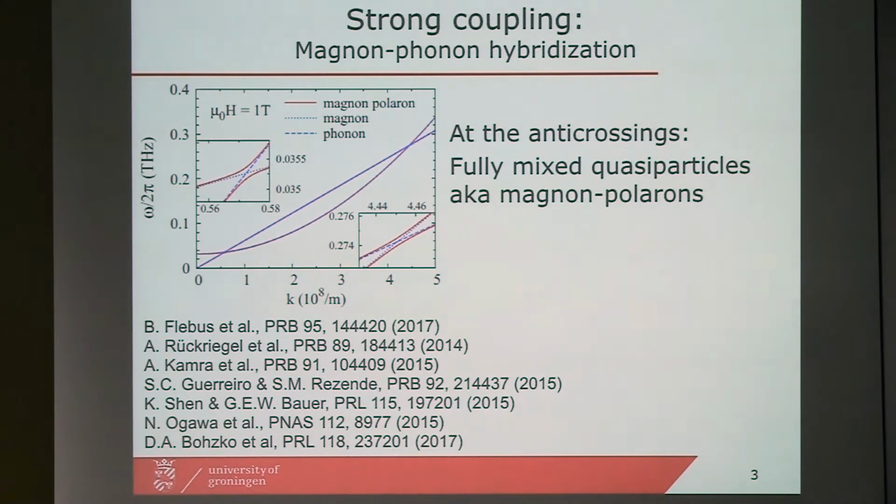Or, in the case of large magnetoelastic coupling, instead of crossing, they actually form an anti-crossing here. At these anti-crossings, your excitations are fully mixed quasi-particles, which consist of both magnons and phonons, and which we now call magnon-polarons.